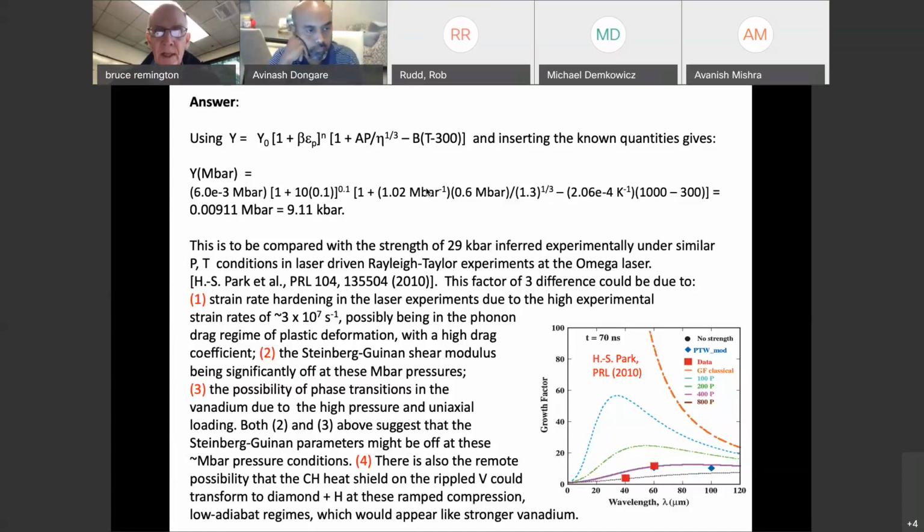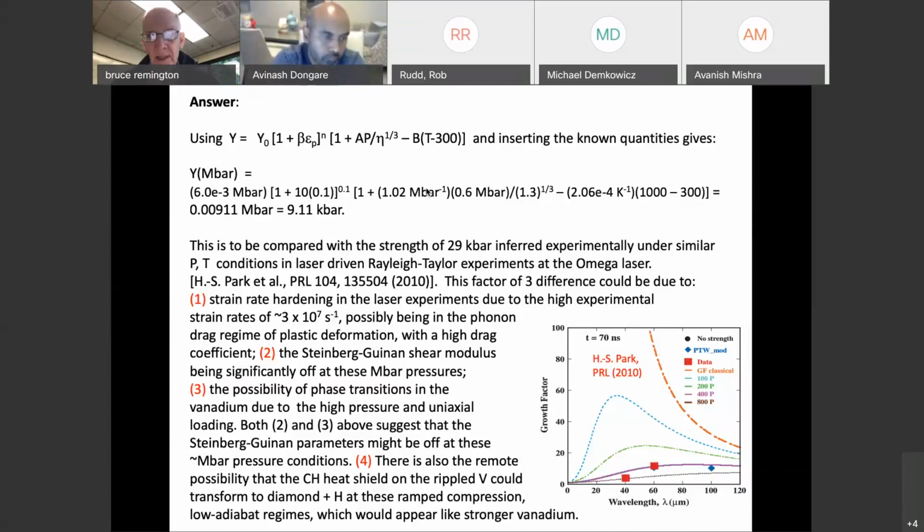So I've been focusing on the properties of the vanadium, but the CH could come into play. We'll ignore H for a second, but under these high compression, high pressure, low temperature conditions, the carbon in the plastic possibly could turn into diamond.